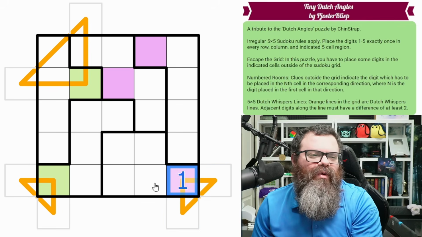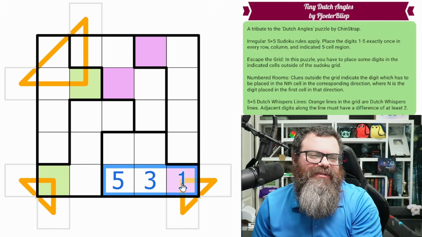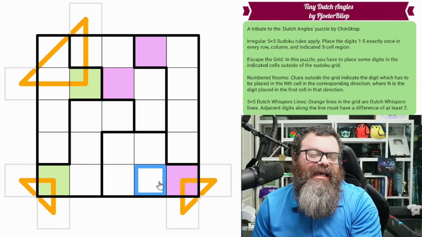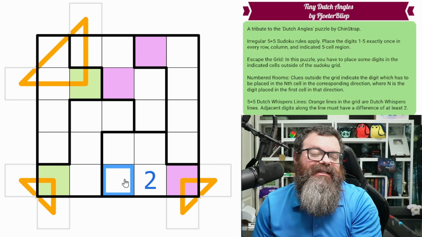If I go 1 to 3 to 5, just in terms of increasing by at least 2, that's the only way I'm going to do it. Otherwise, if I have a chain of 3 in a row, and say this was a 2, I'd have to repeat something on both sides, right?